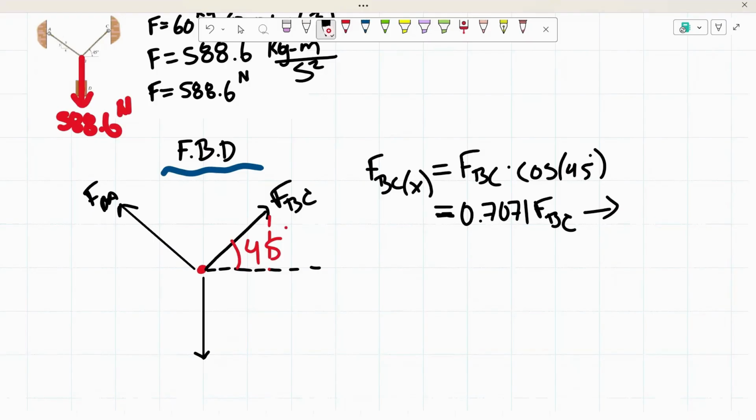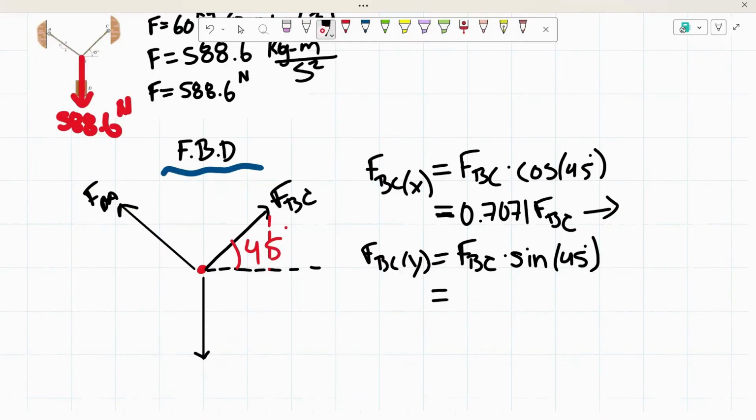Now we're going to try to find force BC's y component, or its vertical component. So we have FBC, and this time instead of using cosine, we're going to use sine, since sine is opposite over hypotenuse. So sine of 45 degrees.